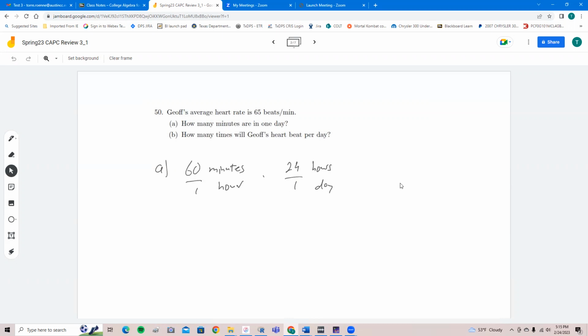If you multiply these and you treat these units like variables, they cancel for the same reason that variables on opposite sides of the fraction bar will cancel, right? Because this means the hours cancel, and you take 60 times 24, which is 1440, and then you get minutes are left per day.